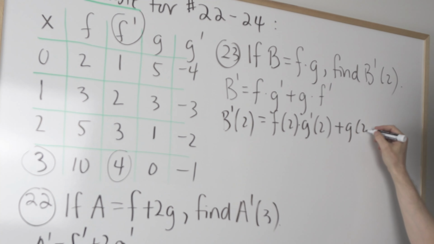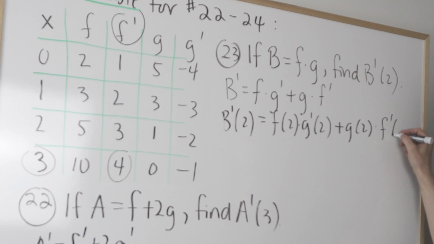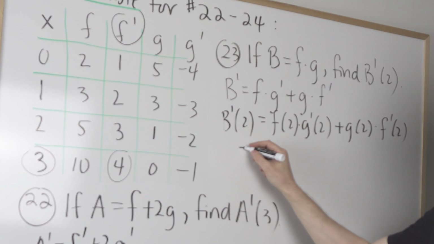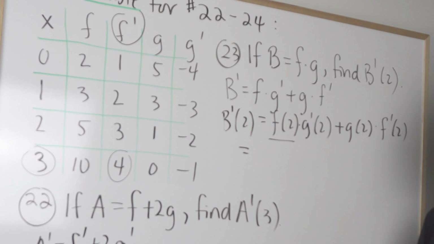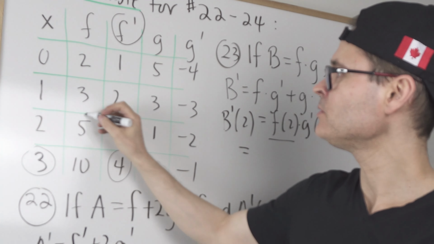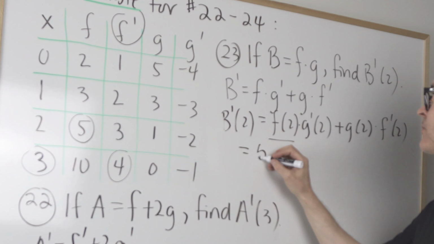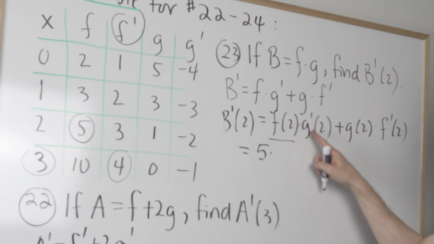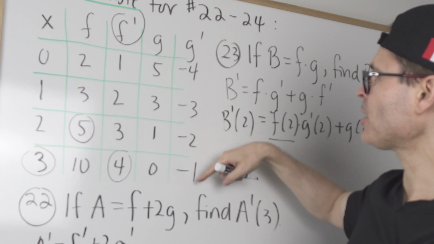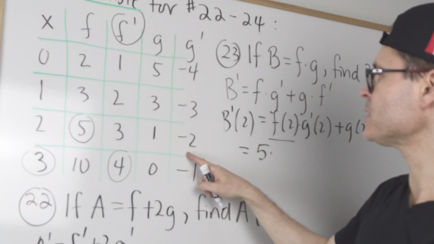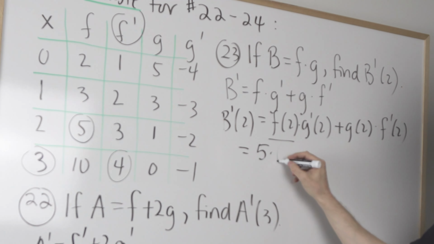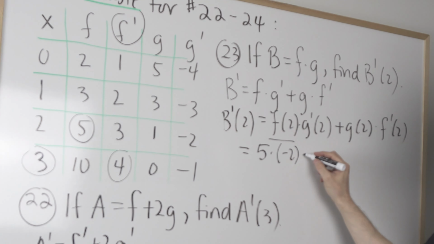Plus g at 2 times f prime at 2. So now it's just about evaluating. What's f at 2? Well, f at 2 is 5. I've got to multiply that by g prime at 2. Well, here's g prime, and here's 2, so g prime at 2 is -2. So I'm going to multiply that by -2.